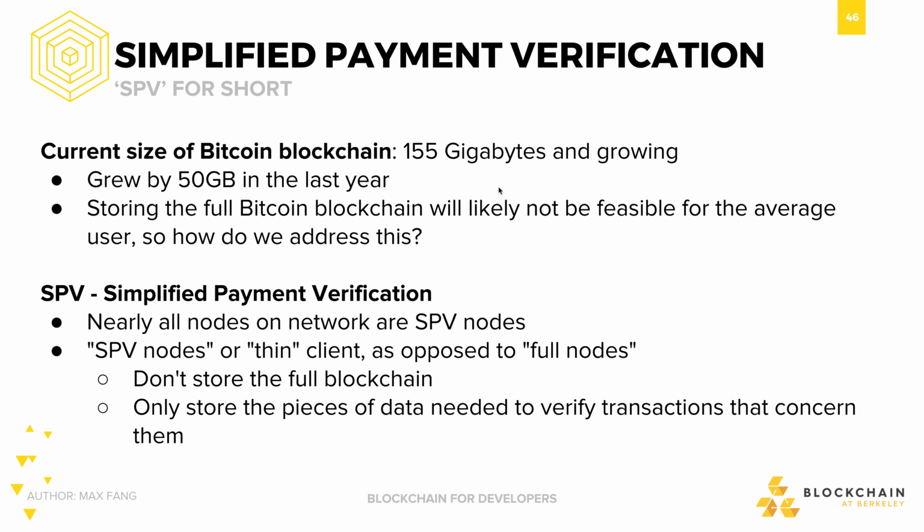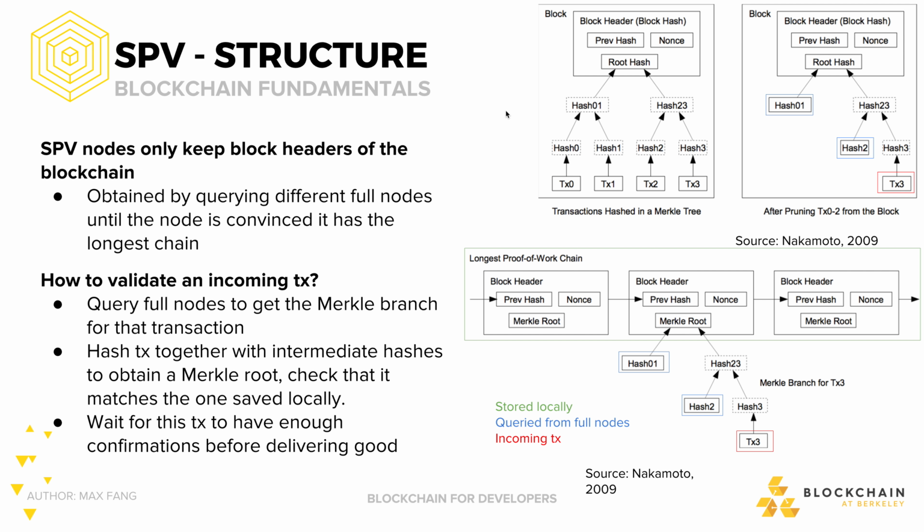Another thing that's important is SPV, Simplified Payment Verification. The Bitcoin blockchain is pretty big. If you just take block headers, it gets a lot smaller. By taking the block headers, you can confirm the existing work that's done on the blockchain.